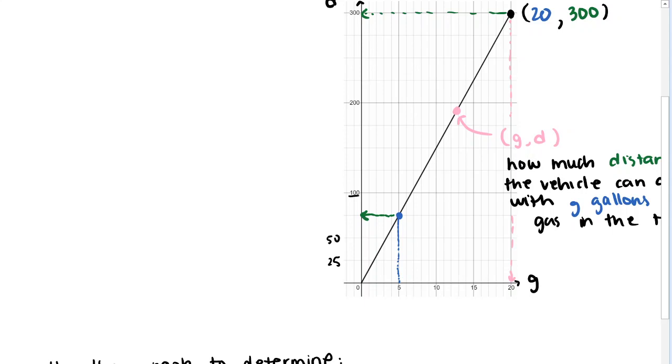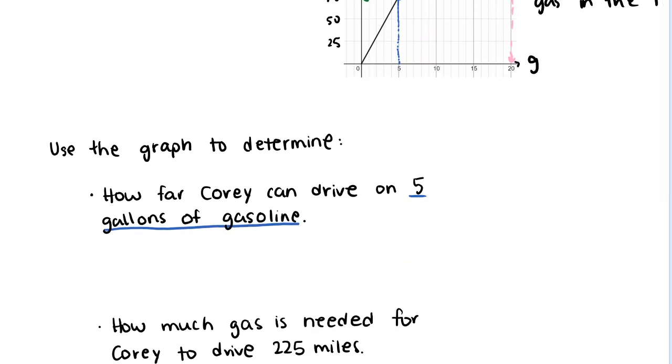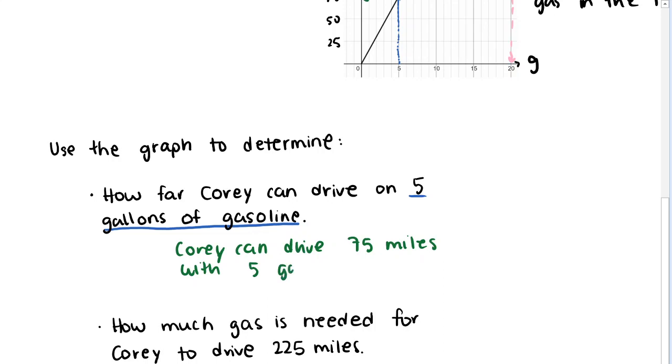So 25, 50, 75. So this is saying that when we have 5 gallons of gasoline in the tank, Corey can drive 75 miles. So Corey can drive 75 miles with 5 gallons of gasoline in the tank.